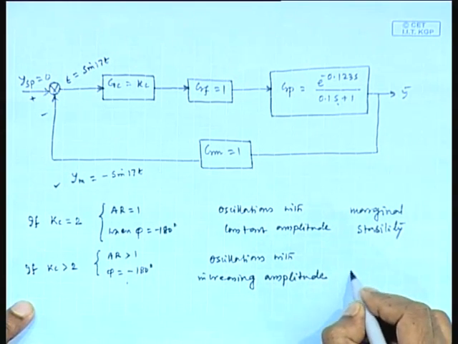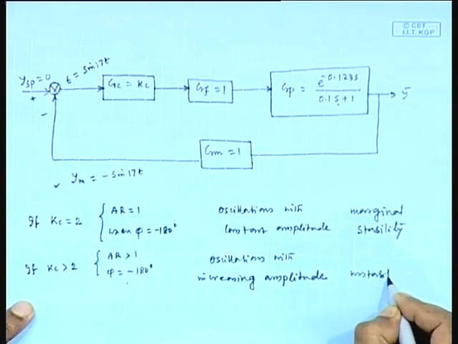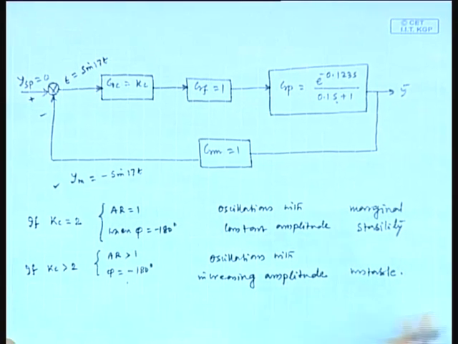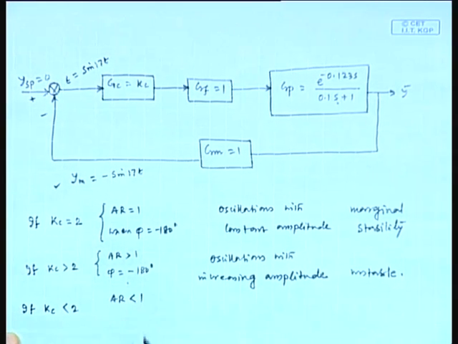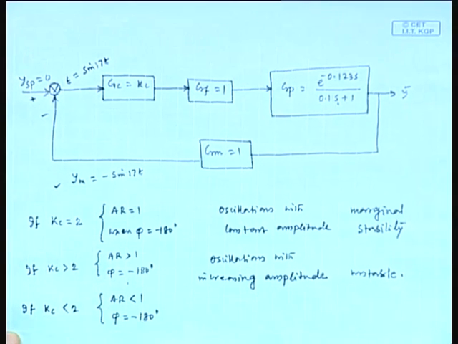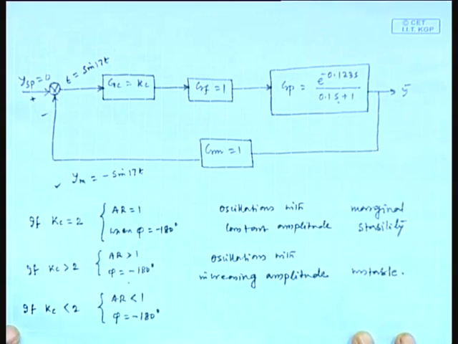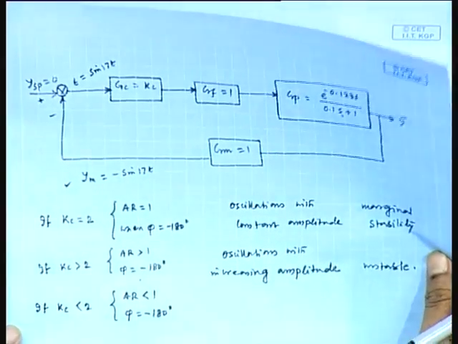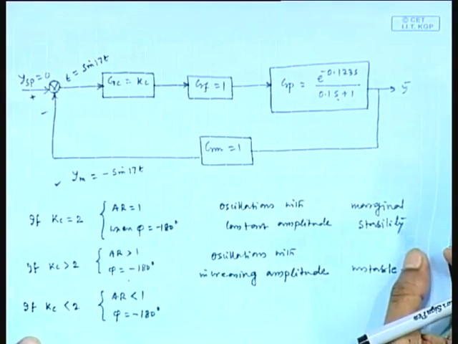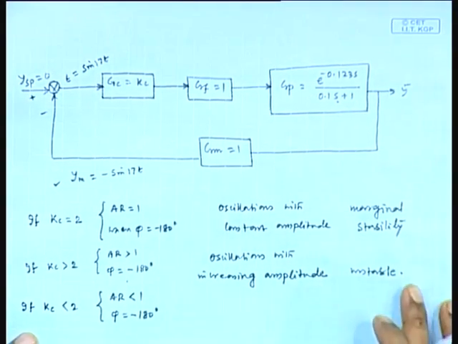Unstable. Similarly, if Kc is less than 2, then amplitude ratio becomes less than 1 when phi is minus 180 degree.